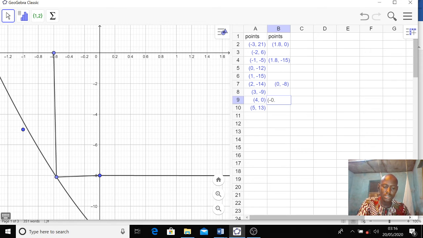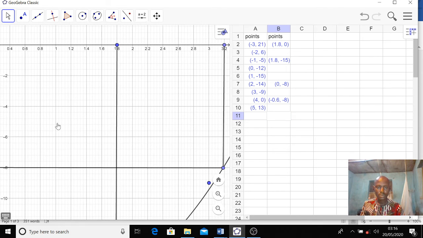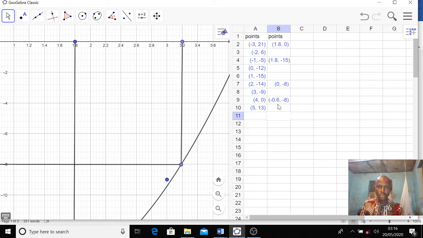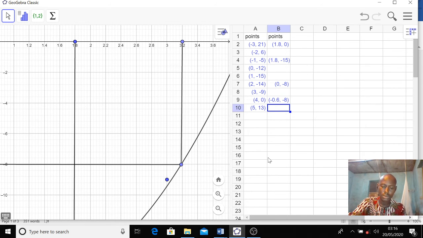Minus 0.6 comma minus 8. Okay, while the second one will now be 3.2, 3.2 comma minus 8.